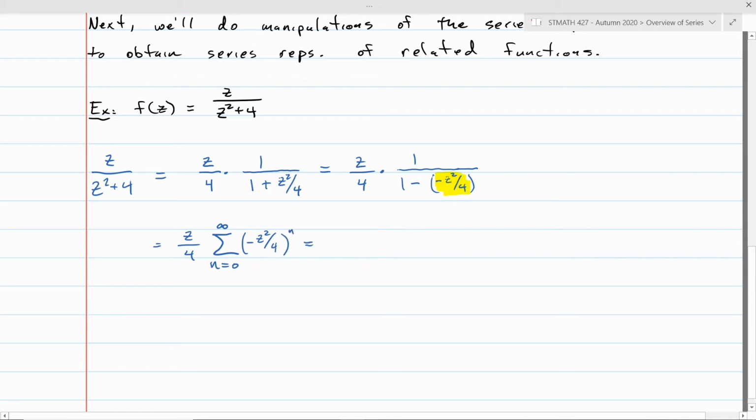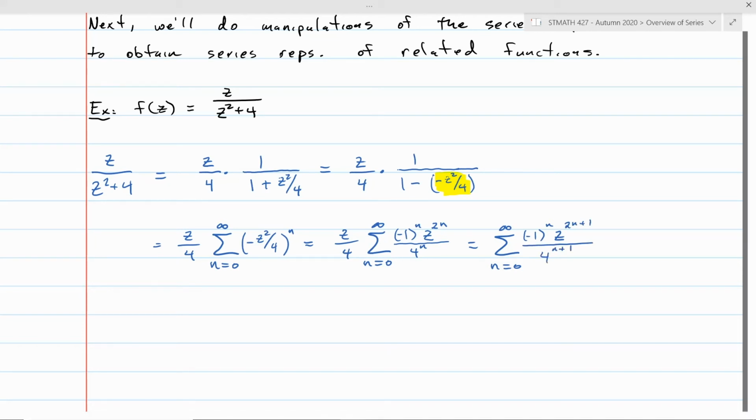And I probably want to simplify this just a little bit. So I'd have an alternating term here, negative 1 to the n, and then I'll have z to the 2n all over 4 to the n. And then I can actually pull that z over 4 inside the series, and then it would have z to the 2n plus 1 over 4 to the n plus 1. So there would be a series for that original function.